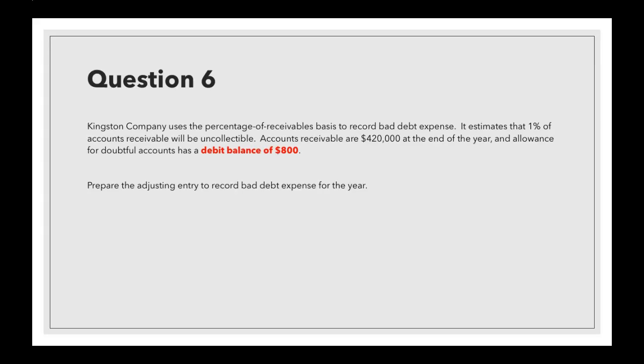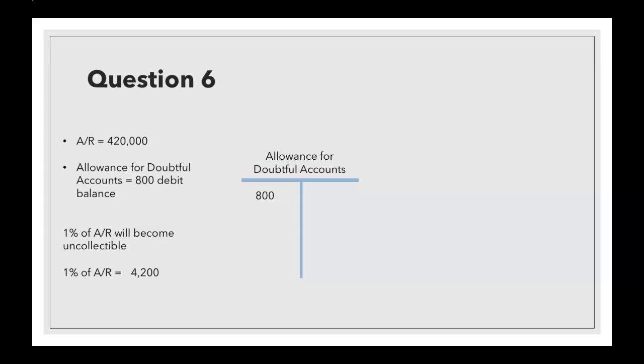Now, let's switch things up a little bit. Everything's the same except for this allowance for doubtful accounts balance. Instead of having a credit balance of 1,500, it now has a debit balance of 800. So once again, the 1% of accounts receivable we see over on the left side of the screen, still 4,200.